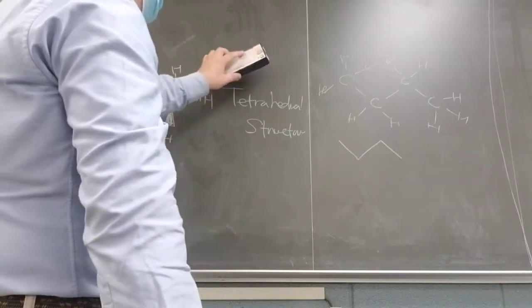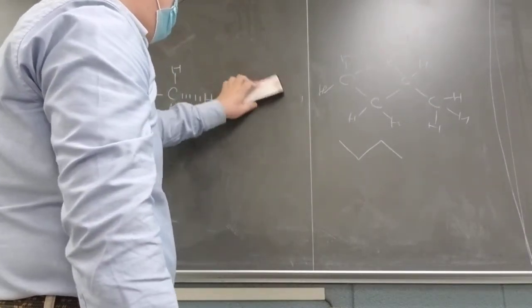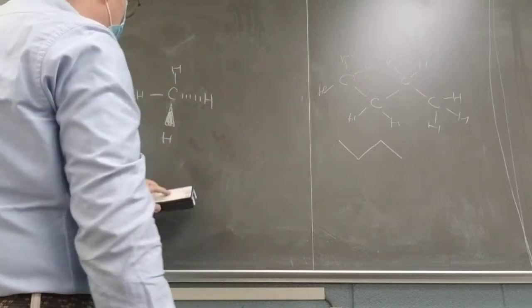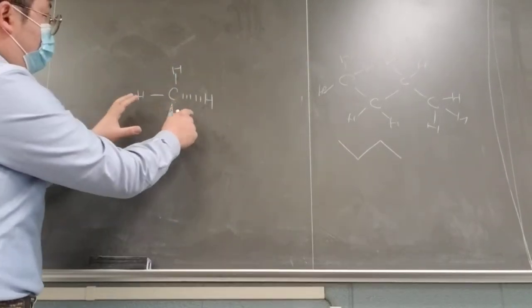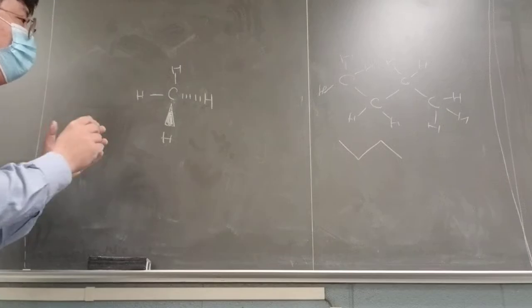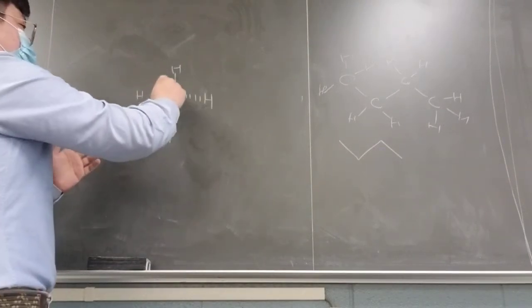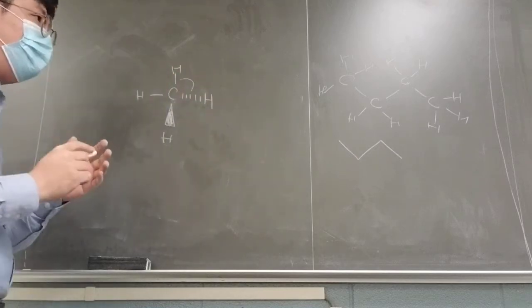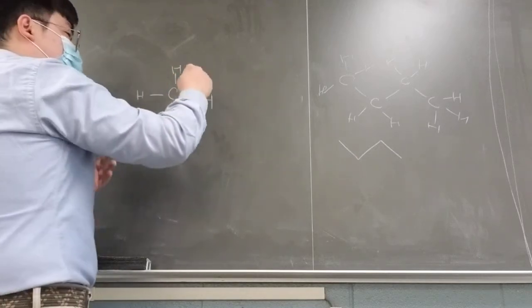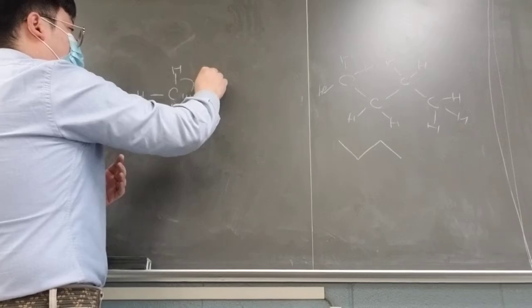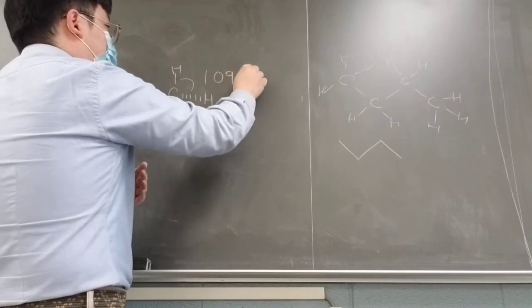So this is not tetraplanar, but the tetrahedral structure. This will be on the exam for sure. It's really important. Each bond angle of the tetrahedral structure will be, on average, 109.5.